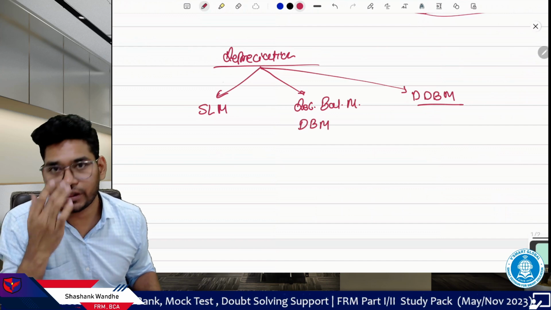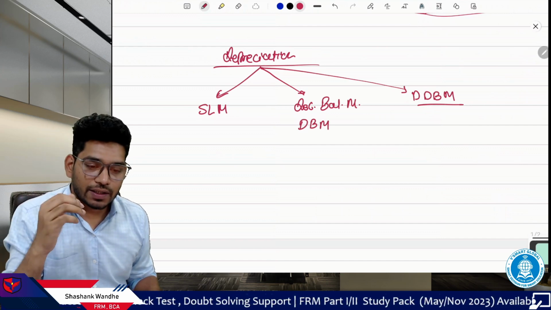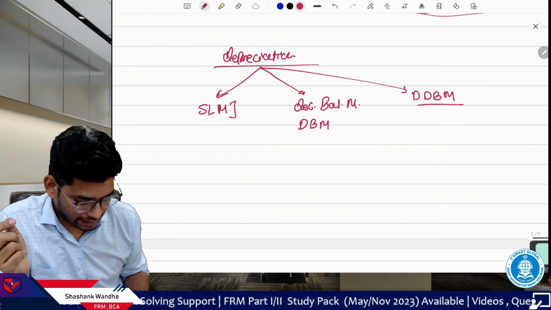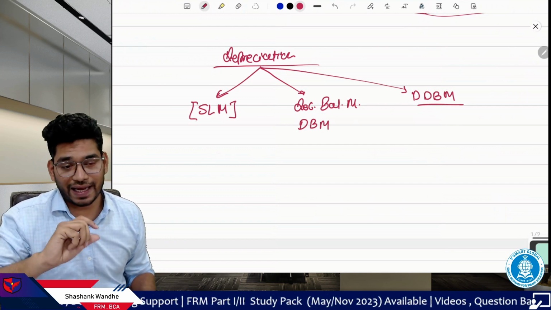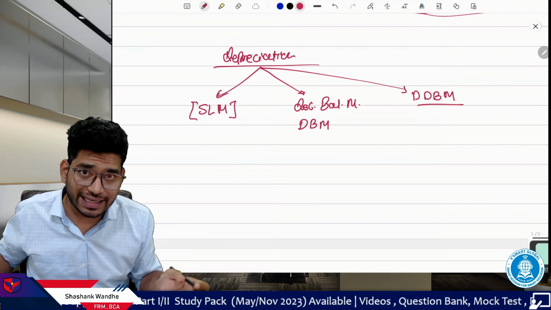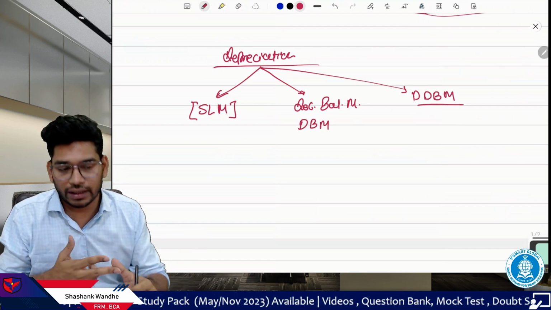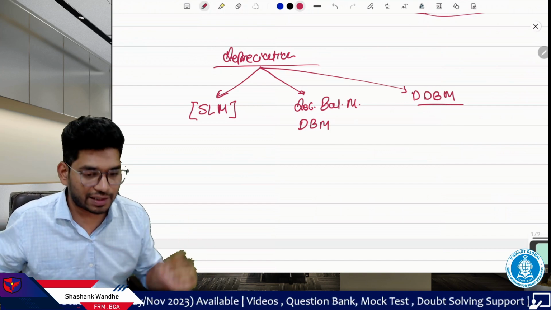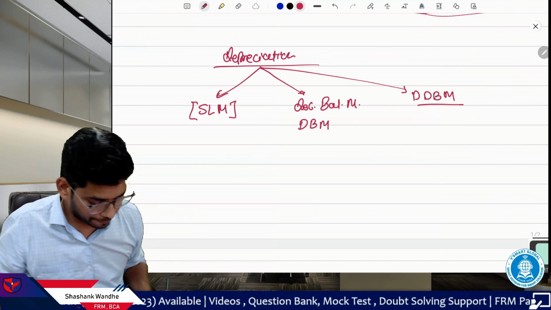So how to depreciate the asset? The first and simplest method is the straight line method. Again, the same principles will be applicable for amortization as well. If an asset is amortizable, then you can use SLM, declining balance method, or DDBM, depending on the scenario or case to case basis, or as per the accounting principles.